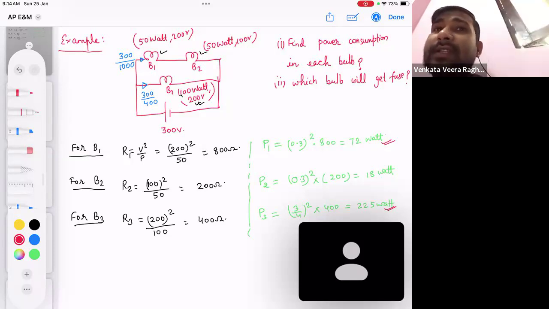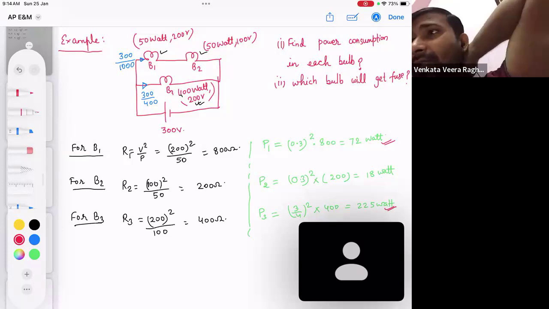The bulb which is in series with B1 will also have the circuit broken. So bulb 2 is still safe, but it will not give us any glow. And B3 also gets fused.